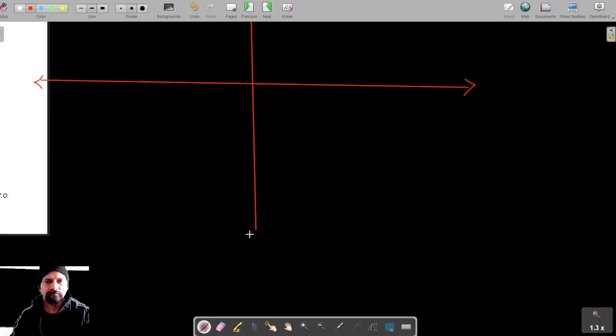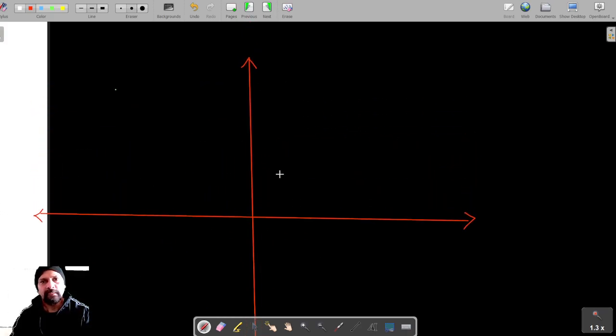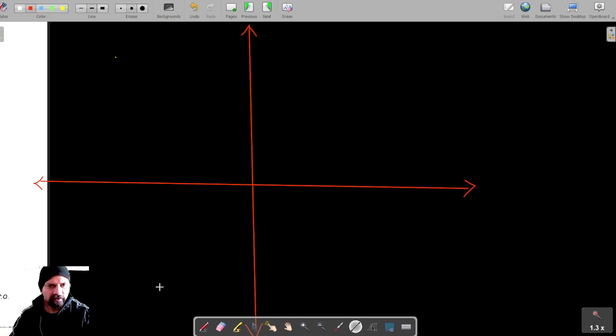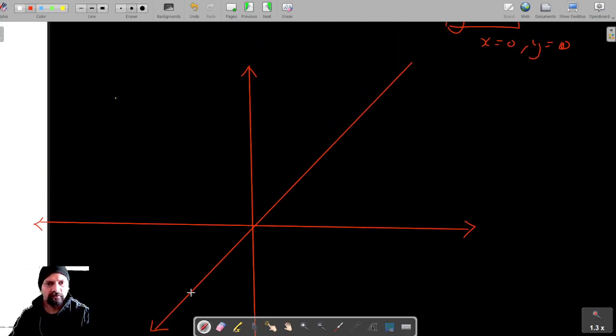Now the equation of the line is y is equal to mx. It passes through the origin, because if x is equal to 0, this will give us y is equal to 0. So let's say this is the line y is equal to mx, which passes through the origin.